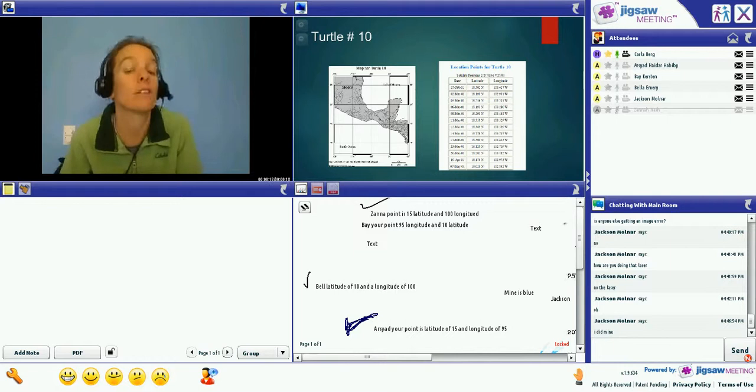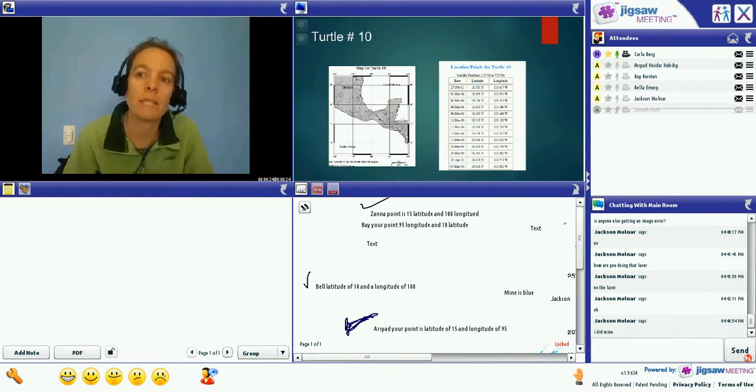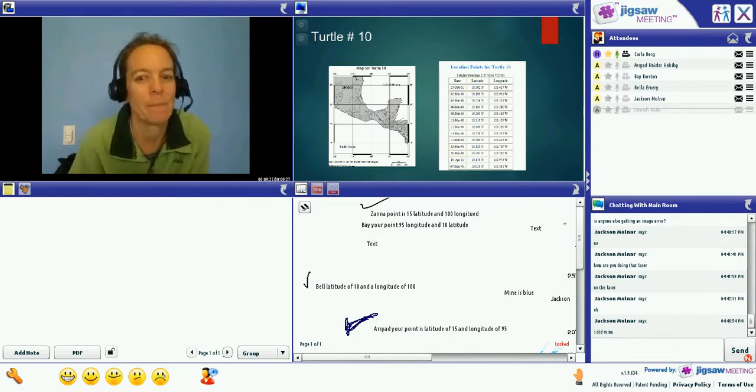Anyone have a guess? Why do you think a scientist is interested in figuring out why a sea turtle moves or why a butterfly flies? Why is it important? Jackson, go ahead.